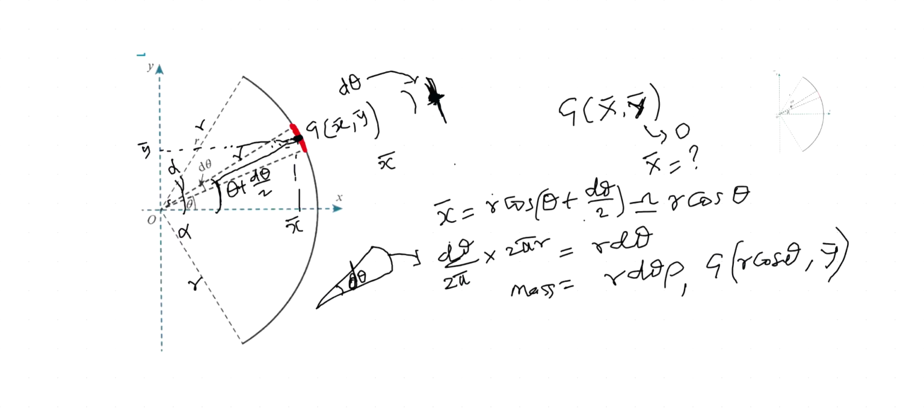I'll tell us why once I start taking the moment. Now, to take the moment of the mass or the weight of this arc about the y-axis, will give us r theta rho times, I'll use dot for times, r cos theta.